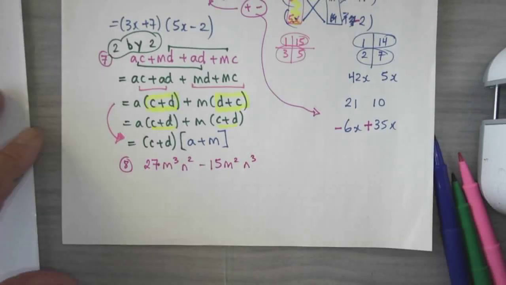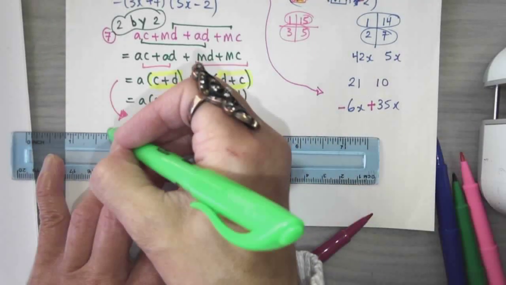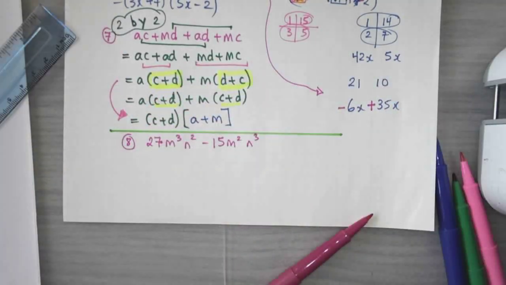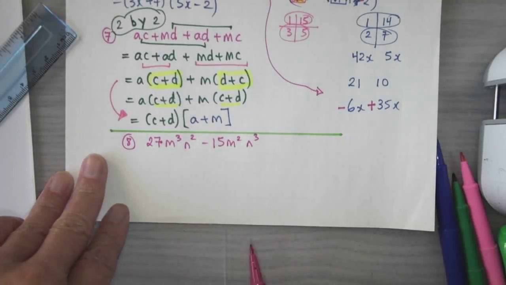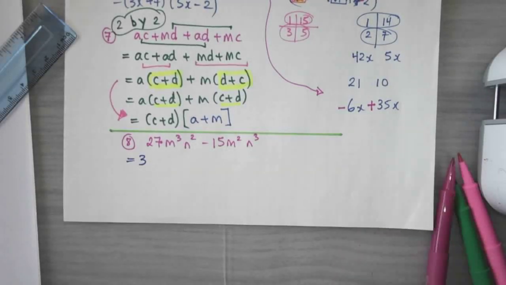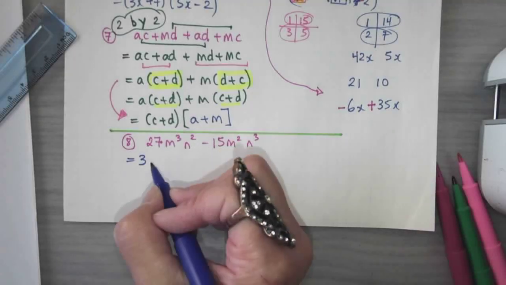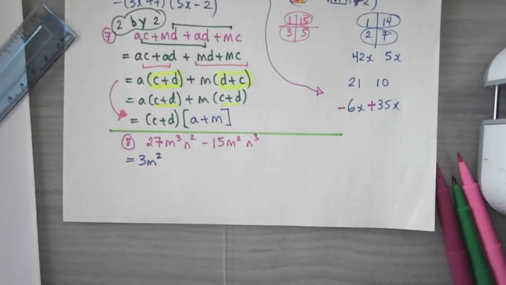So we'll go 27m cubed n squared minus 15m squared n cubed. And we go, okay, but those guys are not perfect squares. So I cannot do my perfect square factoring, but they have a common factor. 27 and 15, both of them have a common factor of 3.